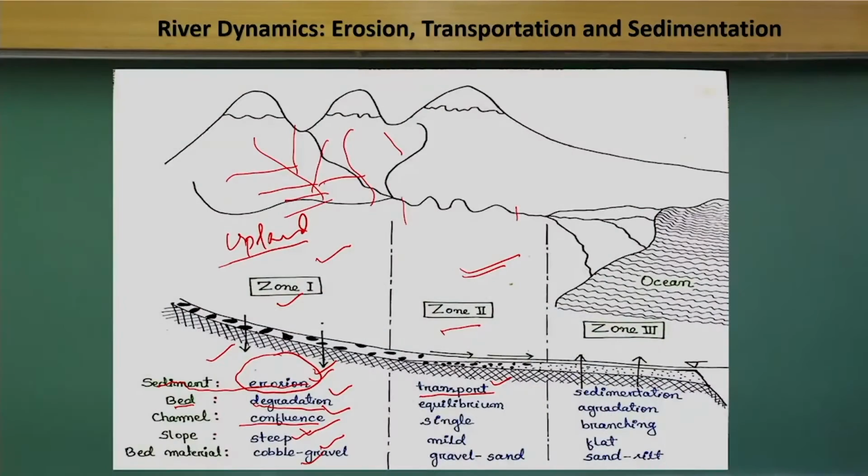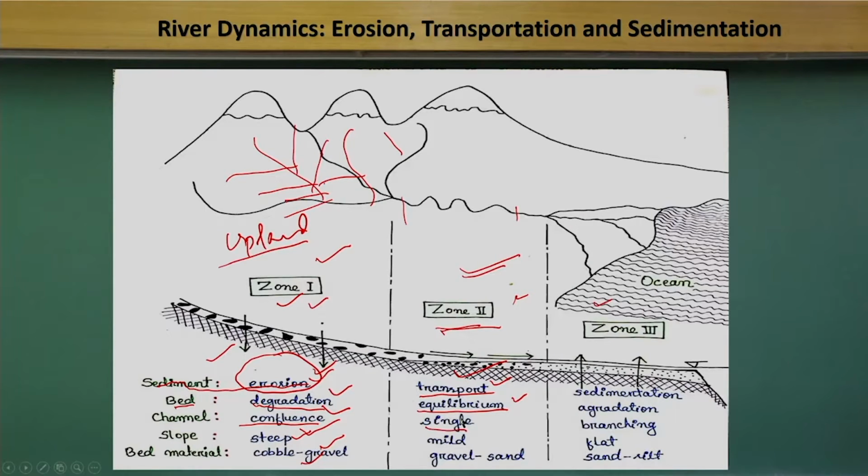It just transports water, sediment and nutrients. So this is the transport mechanism. It may have aggradation or degradation, but overall it will be in an equilibrium position. That means the fluvial geometry of the river does not change as significantly in this zone as compared to Zone 1 or Zone 3.